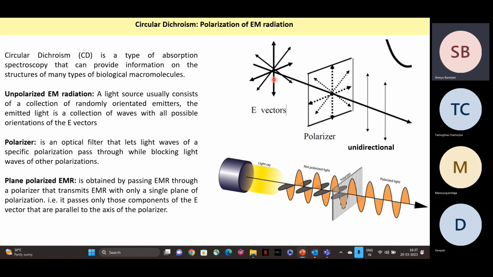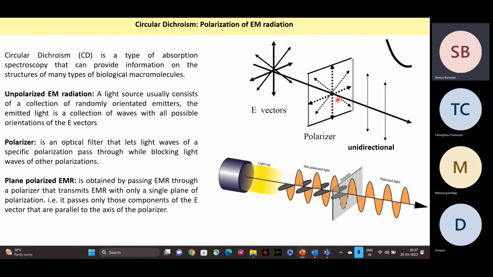Right now we are focusing only on the electric field. In unpolarized light, the electric field can vibrate in many different directions, so there is not a specific direction for its vibration. A polarizer is an instrument that lets the light of a particular direction of vibration pass through it, and it blocks the other directions.